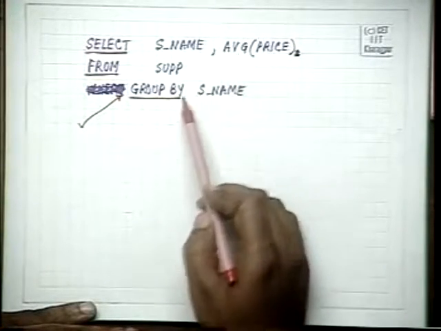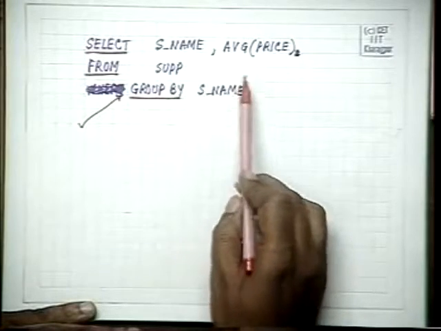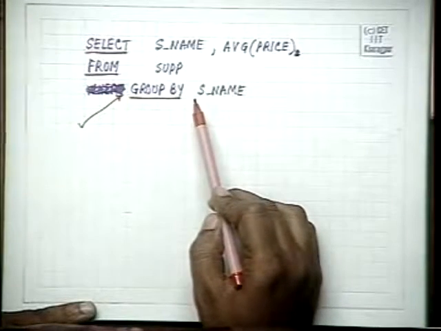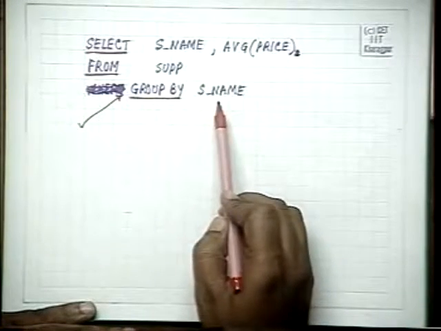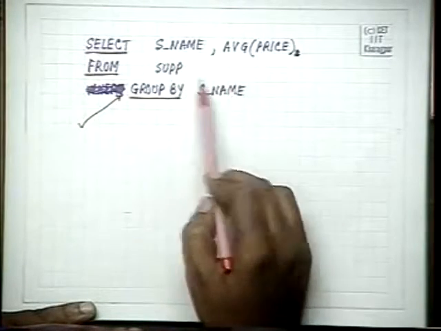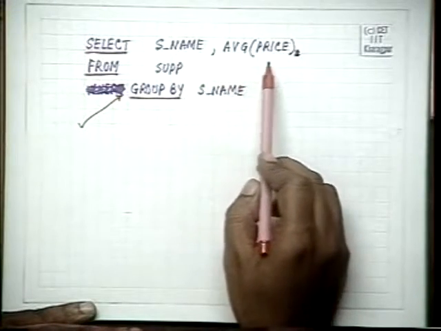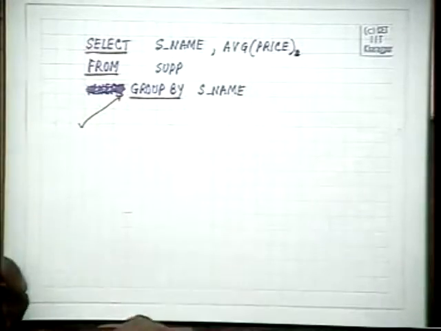Therefore the average will be taken over supplier name. So this way we will get out all the supplier names and the average prices of the books which they supplied. If we want the total, the maximum as well as the minimum, then we will write down something like this.